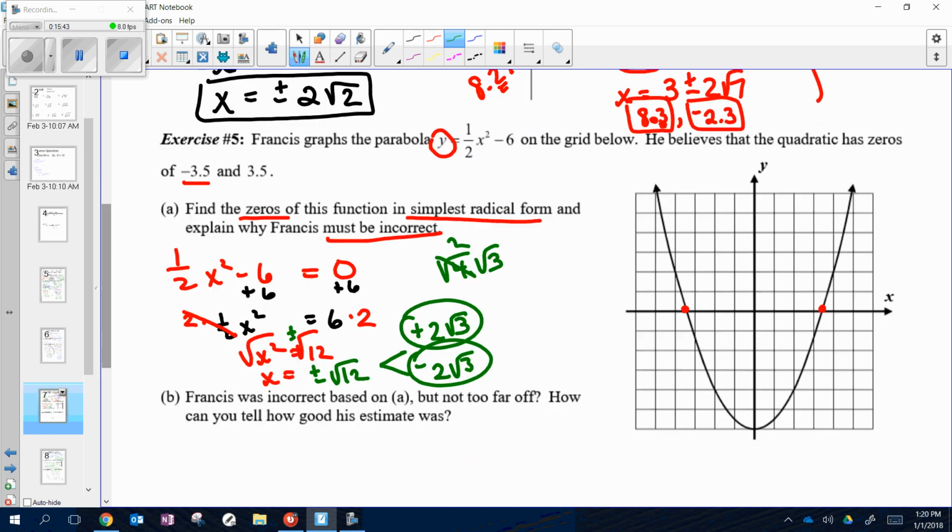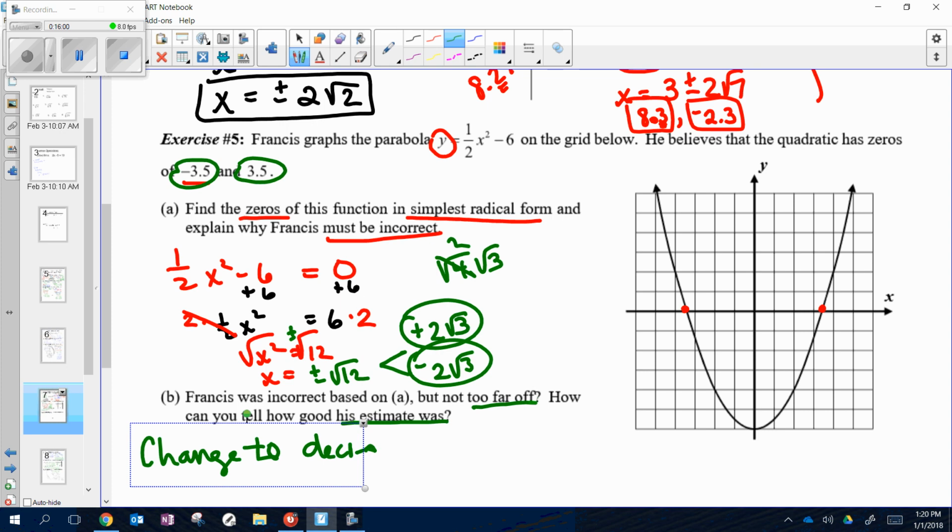Well, I can't tell if he's right or not, or how far off he is. So is this equal to 3.5 and negative 3.5? The best way to see if his estimate was correct is to change to a decimal. So I'm going to go to my calculator and change these into decimals.